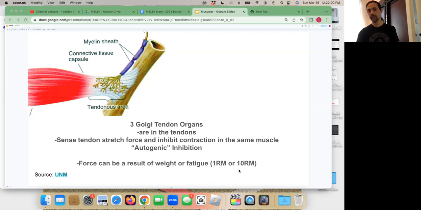That's called, for example, a 10 rep max or a 12 rep max, whatever that number is, right? So either weight or fatigue. So overuse can cause the Golgi tendon organ to kick in and you drop a weight, or a weight that is too heavy can cause the Golgi tendon organ to initiate autogenic inhibition and drop the weight.